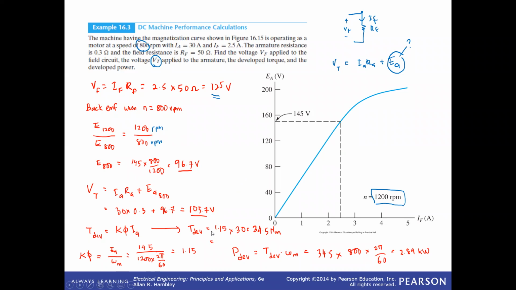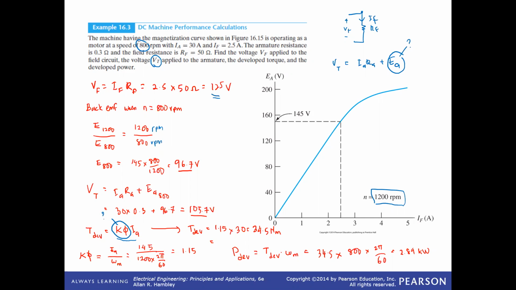Okay, and the developed torque. The developed torque is equal to this equation: K flux multiplied with IA. IA is already given as 30, but we don't know what K flux is here.